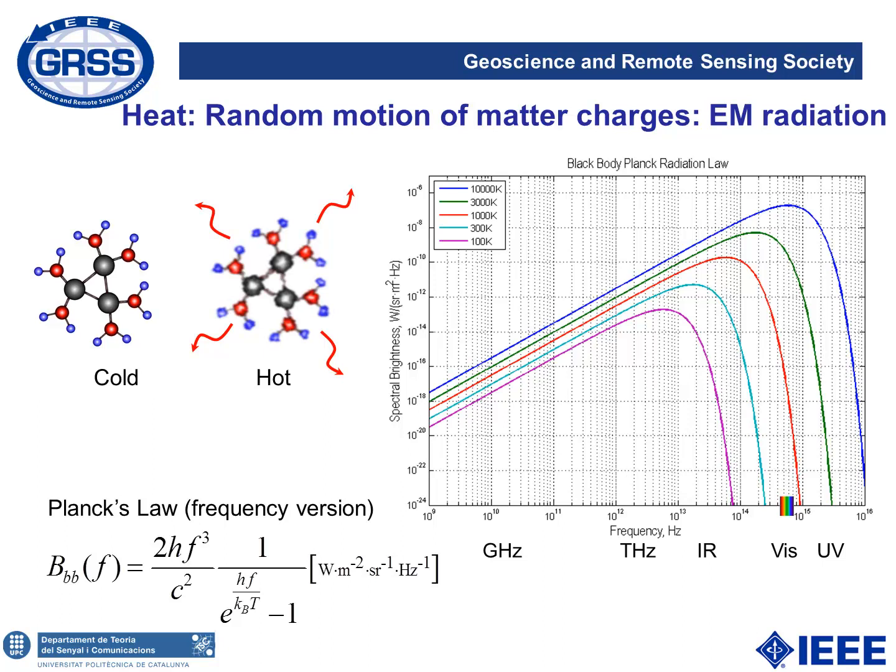When a material is cold, we can consider the position of atoms and molecules rather static, but when we increase temperature, there is a random motion which becomes important with higher temperatures, and this random motion of charged particles results in electromagnetic radiation, which can be weak at low temperatures.